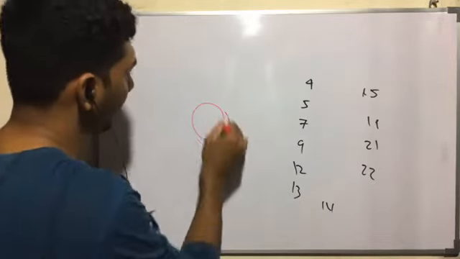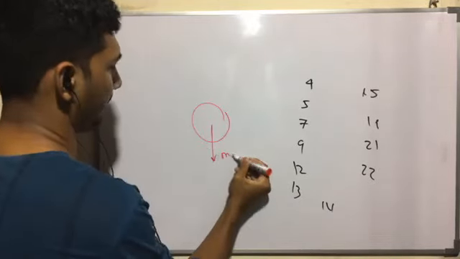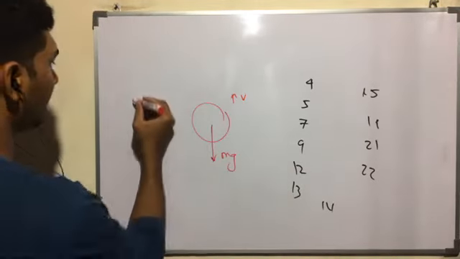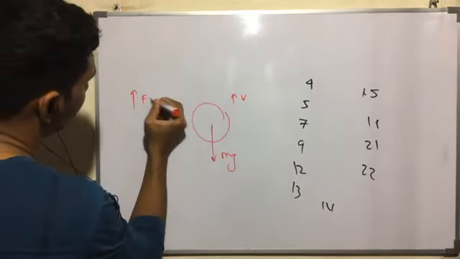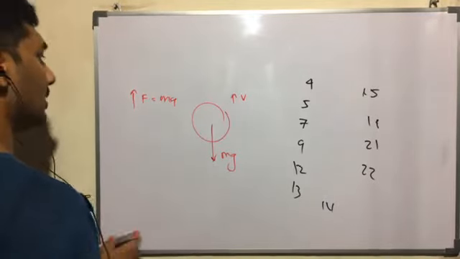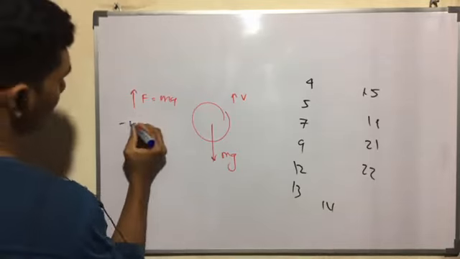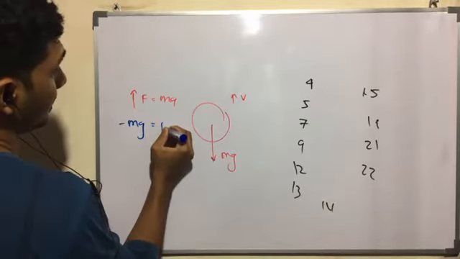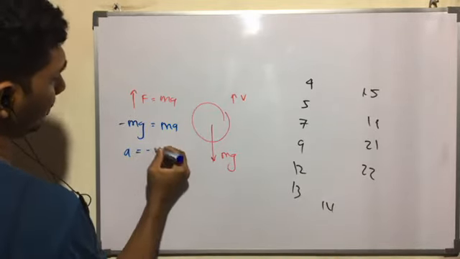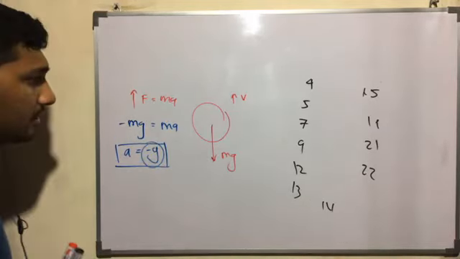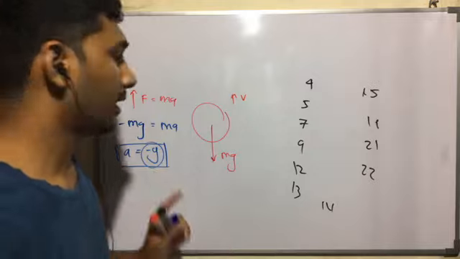The only force acting on the object is mg. It will have a velocity, that's fine. But if you use F = ma, F will be mg downwards. So taking upwards as positive, it's minus mg = ma. So a = minus g. This will be the deceleration. This cannot be changed.